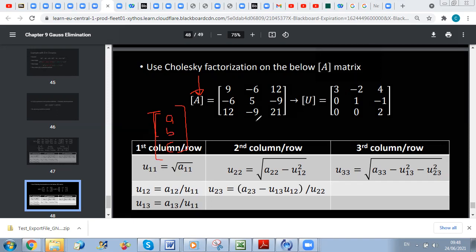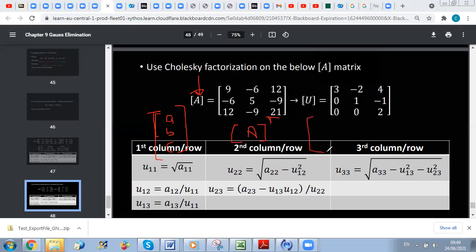If they just tell you to use Cholesky factorization, this means that it will satisfy the condition. If not, they can ask you to verify if this matrix can be factorized using Cholesky factorization. Then you demonstrate that it's symmetric, and you demonstrate that it is positive definite. To demonstrate it's symmetric, it's very simple: just find the matrix A transpose, and you will get the same matrix.